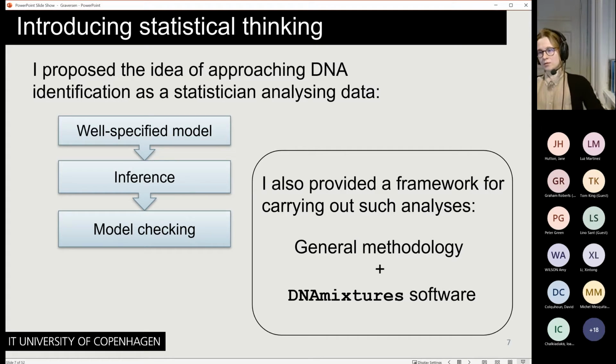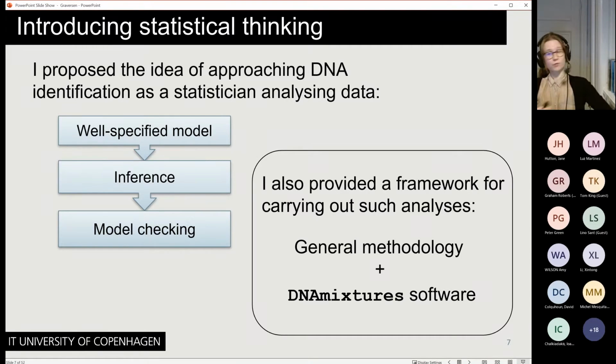So I provided this whole framework for carrying them out. And by this, I mean I developed the necessary methodology. You need a model, so that was already a very good starting point of the pipeline. Julia and Stefan and Carl had already been working on a specific model for a long time.